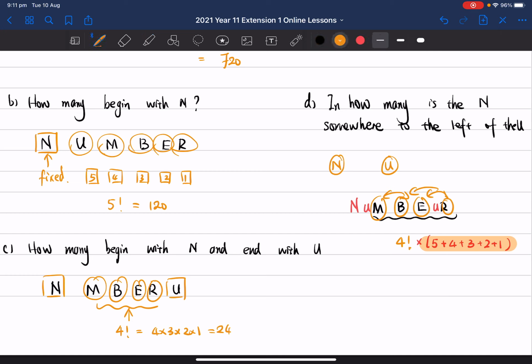You end up with 4 factorial times, what does that equal? That's 9 plus 6, so 4 factorial times 15. If my calculation is correct, that becomes 24 times 15, which, let me use my calculator, is 360 different possible permutations for this restriction problem.